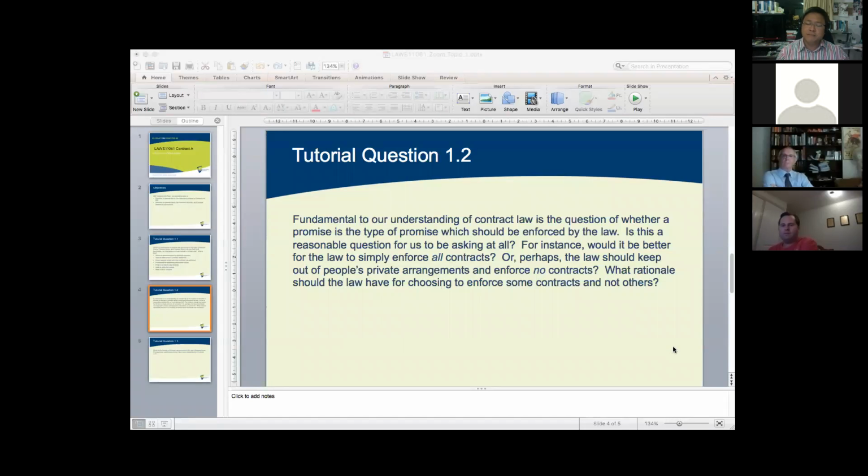And sometimes what it means is that when people enter into contracts or agreements, they don't really look at the specifics of what contract law is all about. So in other words, when we go to a doctor to be examined, or when we buy something, we're not really consciously thinking of contract law.